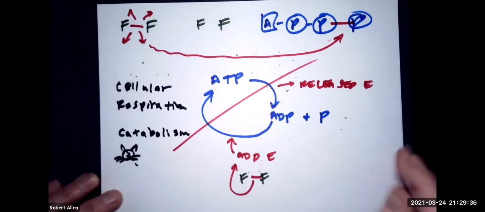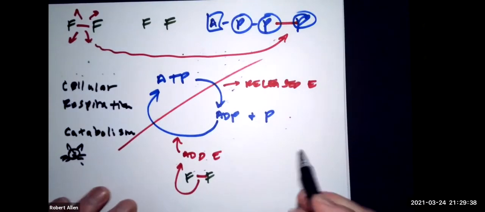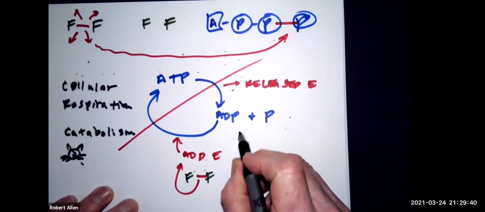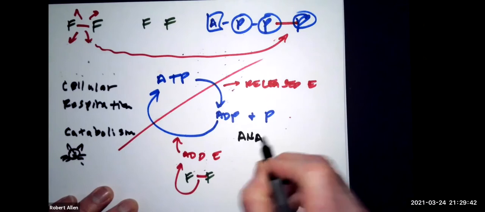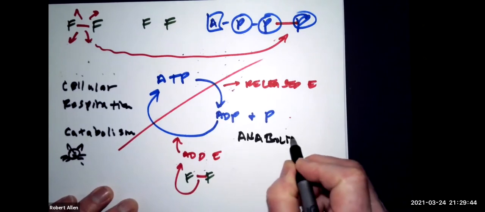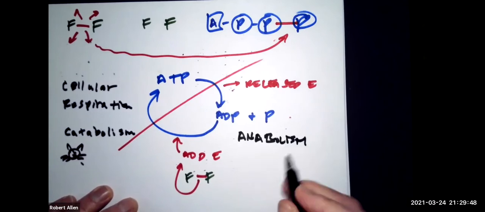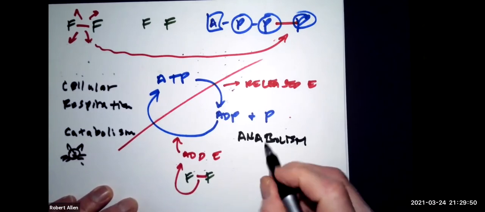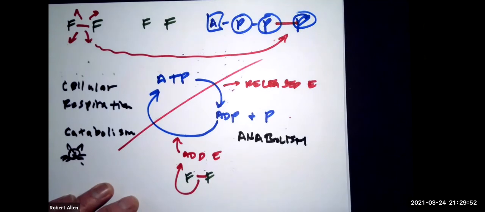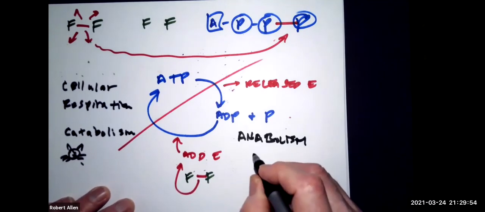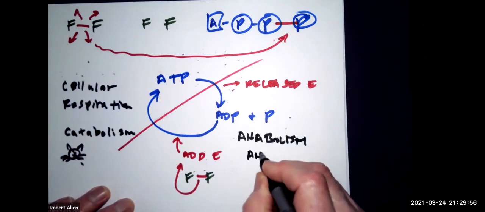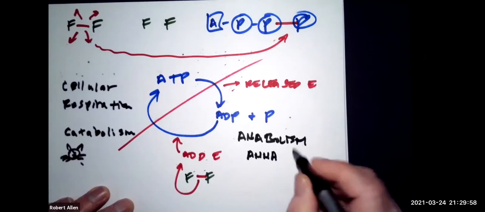Well, there must be a word for building things up, and that's anabolism or anabolysis. That is to build them back up. So it's making, and here's how I like to remember it. I know it's a dumb way to remember it, but it works. And this is Anna makes a cake.